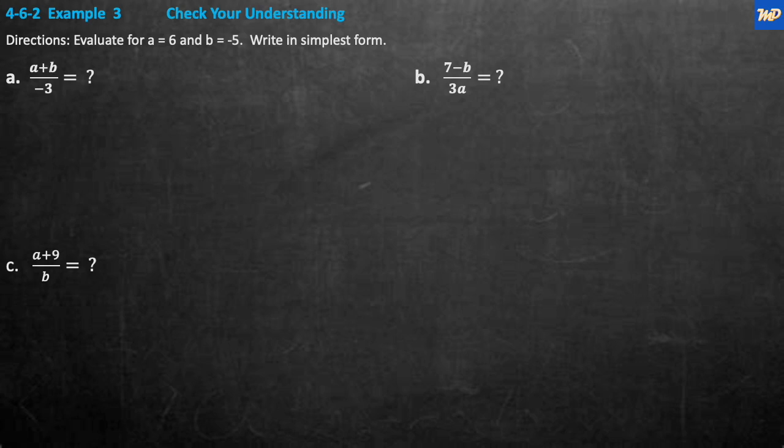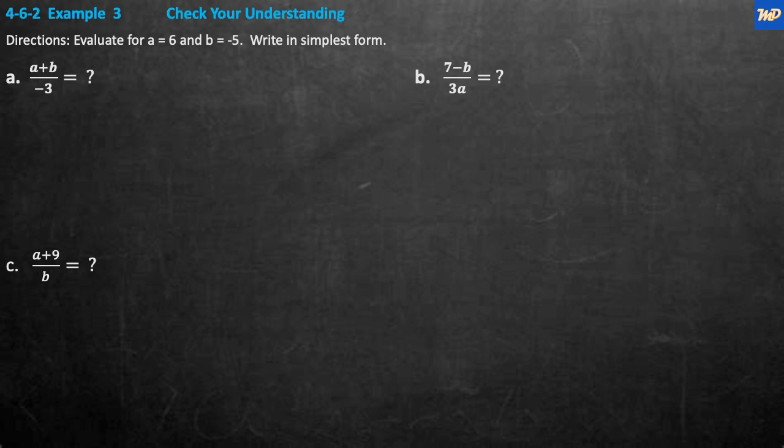Okay, example 3 under check your understanding. The directions say evaluate with A equals 6, B equals -5, and write it in simplest form. So we'll see what happens here. So the first one is a plus b divided by negative 3, so let's write it out.